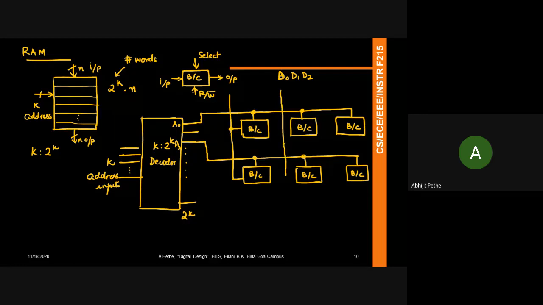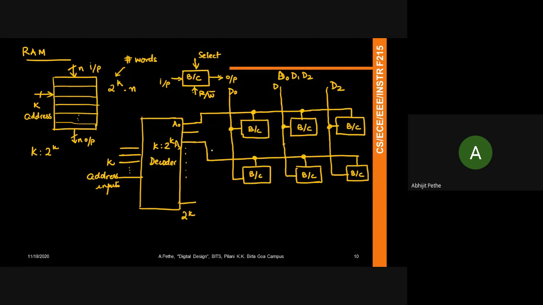So D0, D1, and D2 will be connected along the column to each and every bit cell. So the inputs are given to all the bit cells in a particular column. D0 goes to all the input pins of the bit cells in that column. But because you have a decoder here, at any given point of time, when an address is given, only one of these rows is selected, right? And so this decoder helps you pick which bit cells are actually talking to the output.